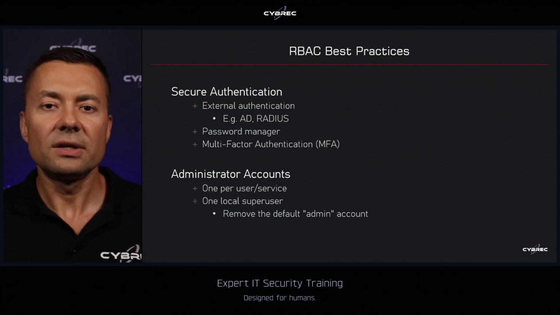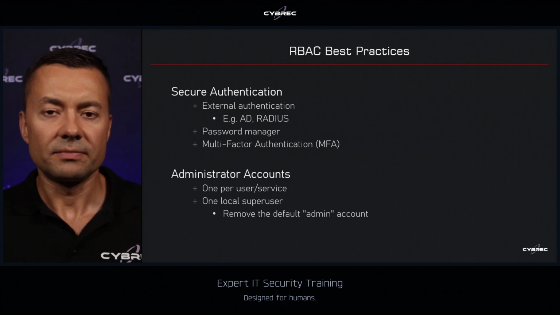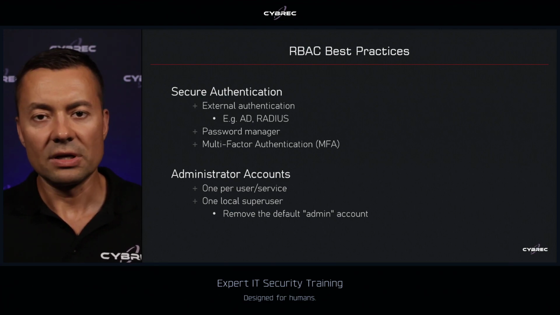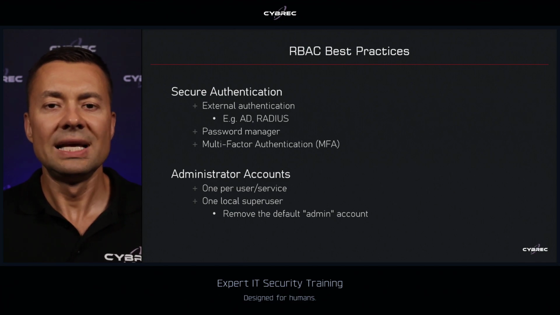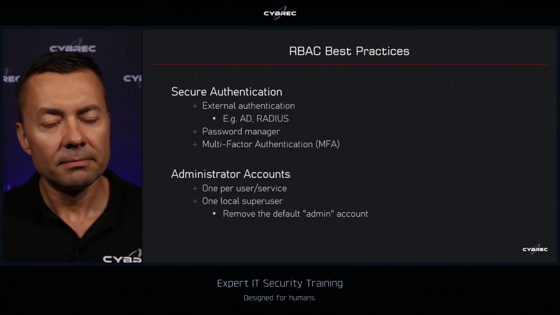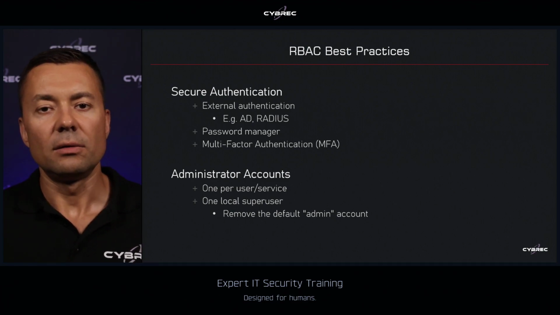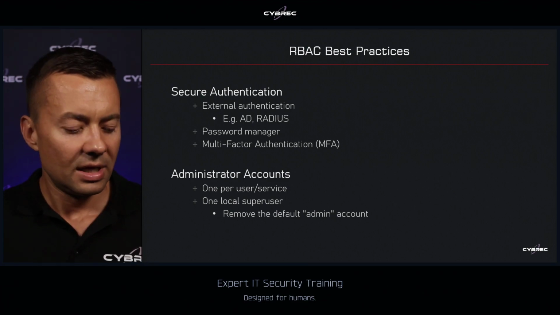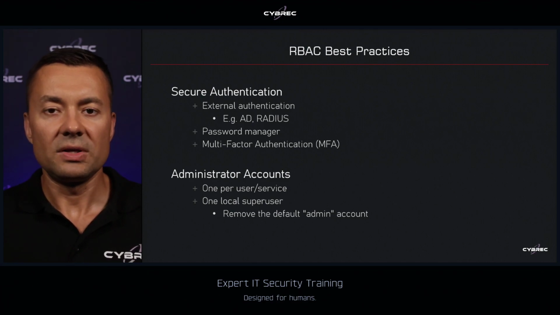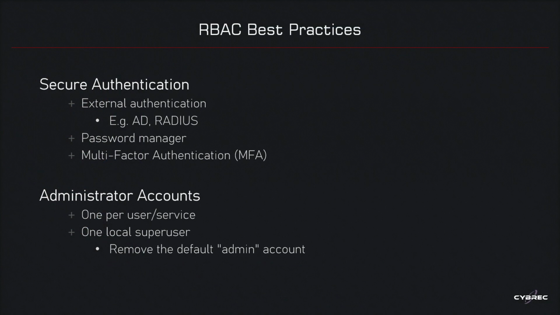This account is needed in case you lose remote access to the external services and you cannot use external services for authentication. Then you need to fall back to this local account. Also note that the default admin account should be deleted. So once you create a local superuser account, use a different name than admin, because admin is well known, and it's pretty easy for everyone to guess this account name.